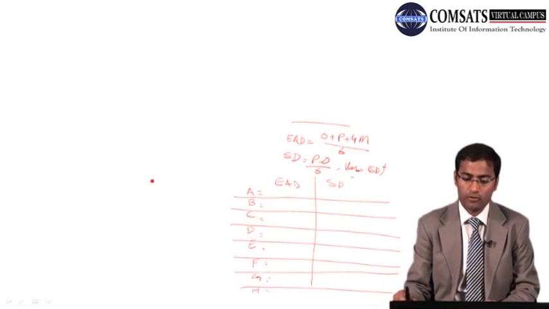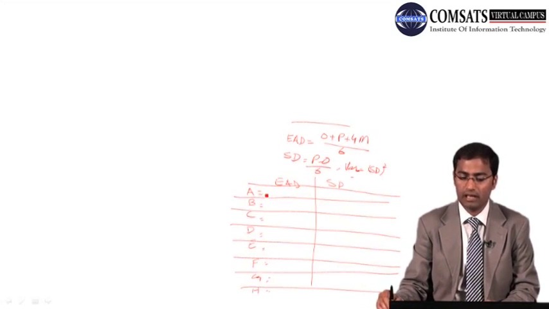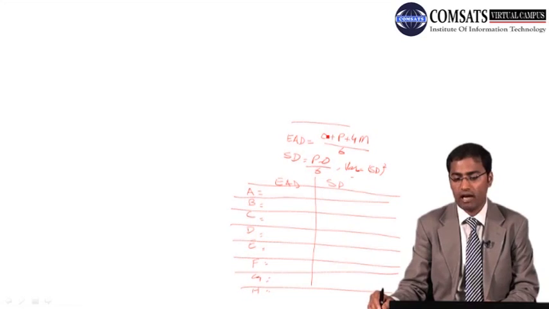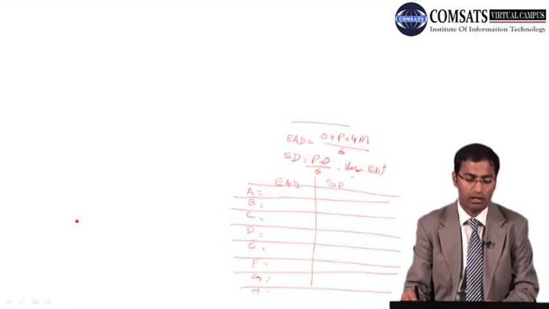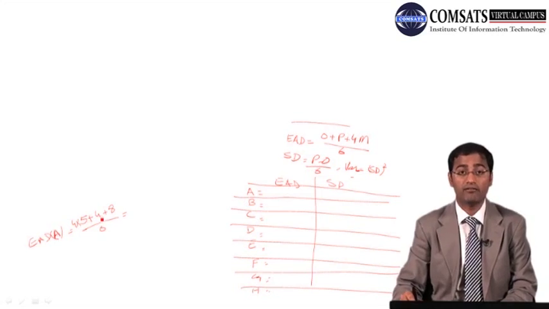Okay, so expected activity duration for A, if we put the values: EAD for A is equal to 5 plus 4 times 5 plus 4 plus 8, divided by 6, where 5 is most likely, 4 is optimistic, and 8 is pessimistic.